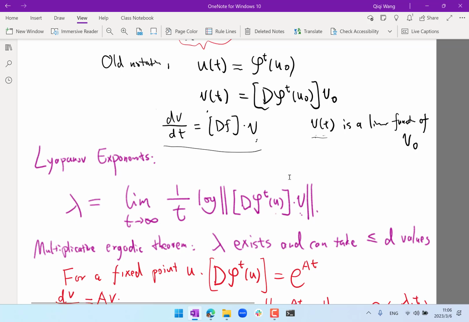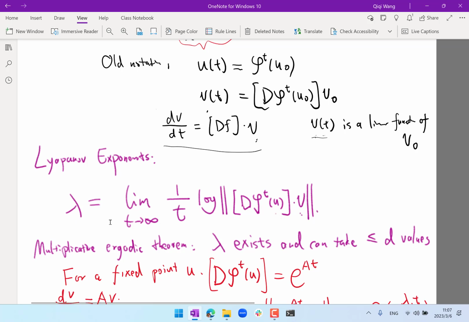So if you take the logarithm, divide by t, right? That is the growth constant. If it's a positive number, that means the logarithm of the magnitude is a positive linear function of t, which means that the magnitude itself is an exponential growth. If the division of the logarithm by t is a negative constant, okay, that means the logarithm is a negative linear function of t, which means the magnitude is an exponential decaying function of t.